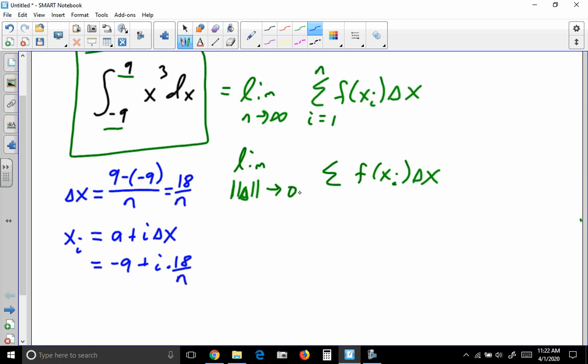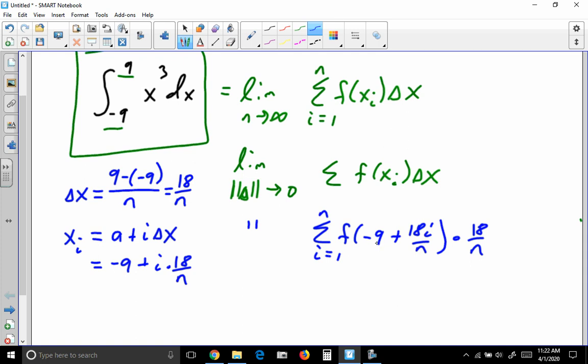So we need to substitute into our function, -9 plus, we can call that 18i over n, times delta x, which is 18 over n. We need to evaluate that sum, and then we need to take the limit of it.